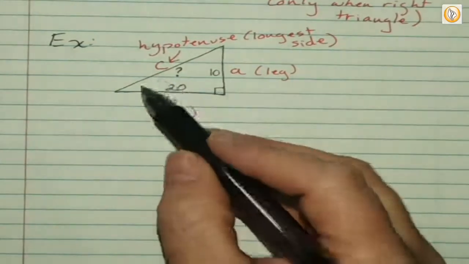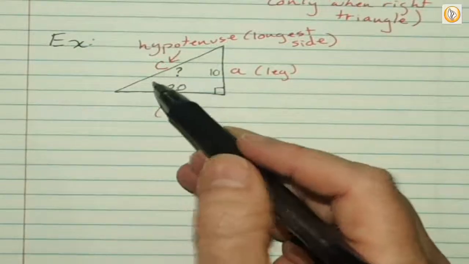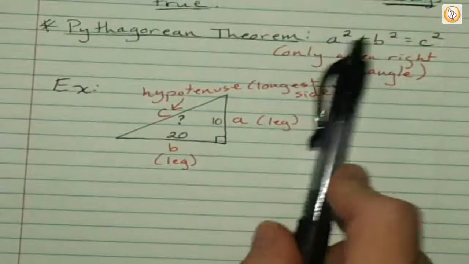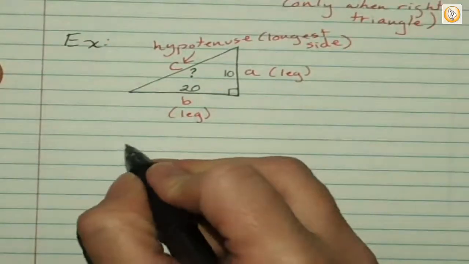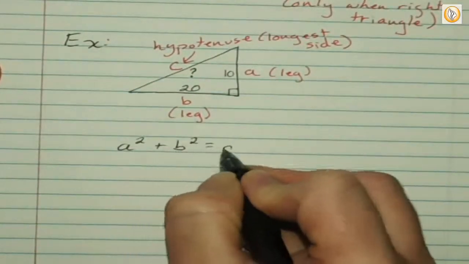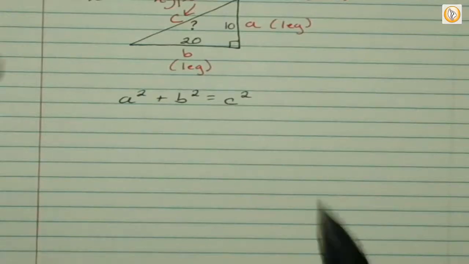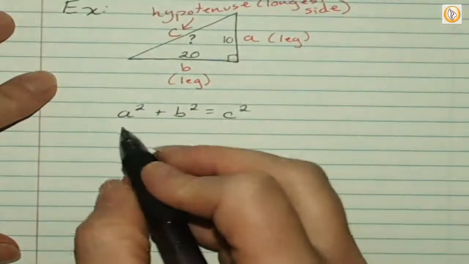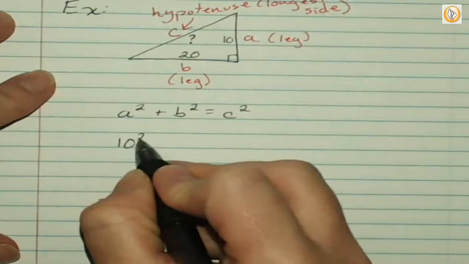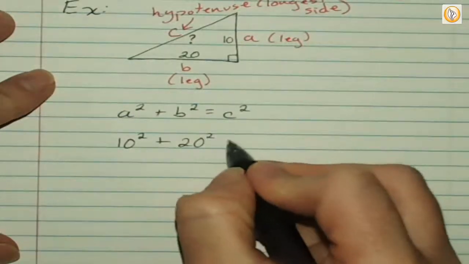All right, so to find the measurement of the longest side, the hypotenuse, you're going to use the Pythagorean Theorem formula. A squared plus B squared equals C squared. All right, so A is 10, so we just plug it in. 10 squared. B is 20, so 20 squared.